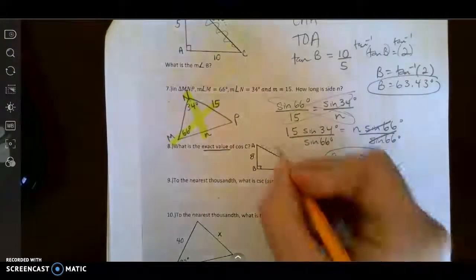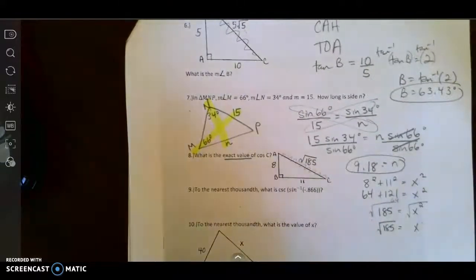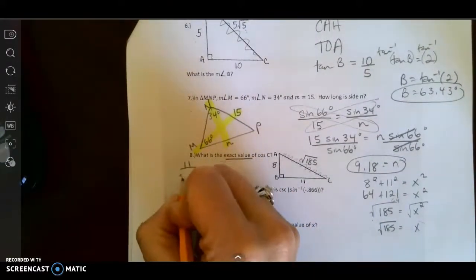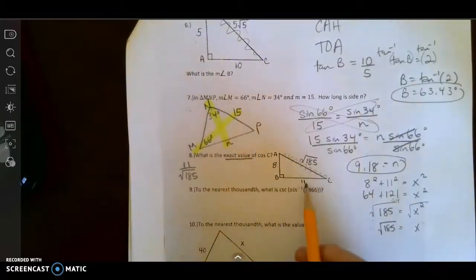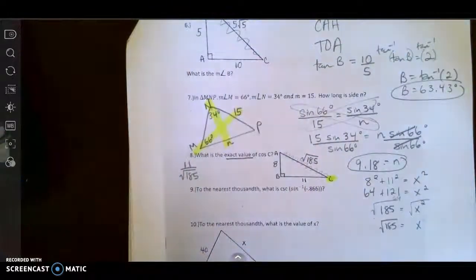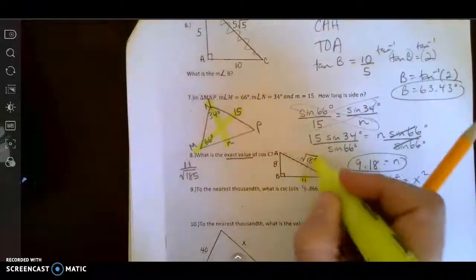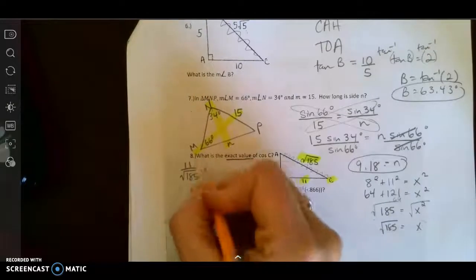So this is the square root of 185. So the cosine of C is 11 divided by the square root of 185. Because cosine is adjacent over hypotenuse, and we're looking for the cosine of C. So it's adjacent over hypotenuse. We need to rationalize the denominator.